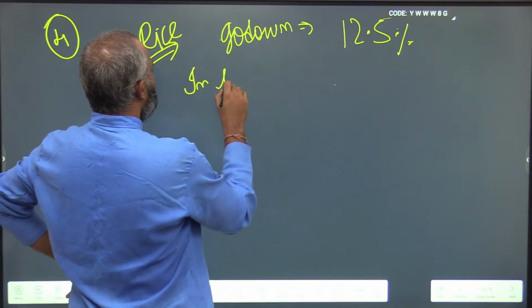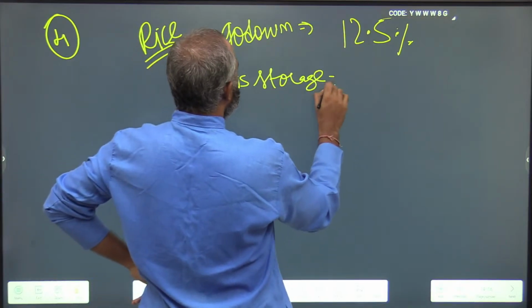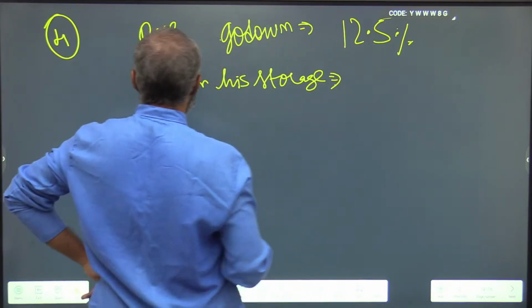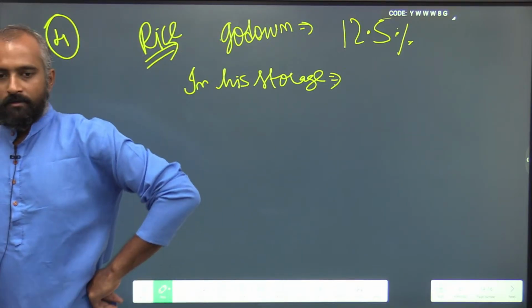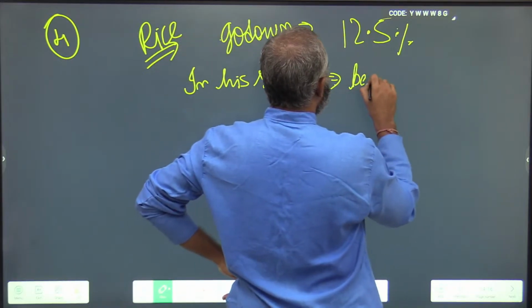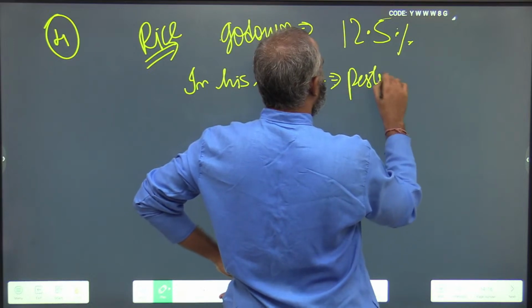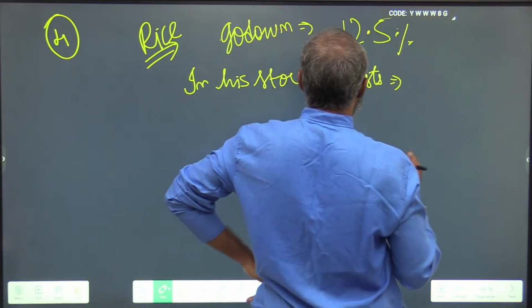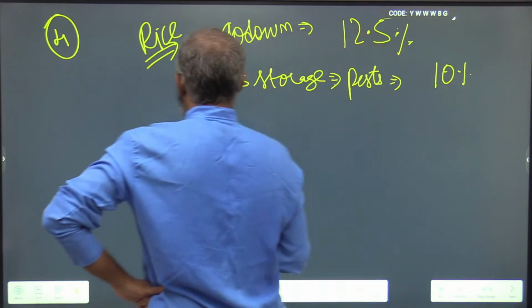In his storage, because of pests, he loses 10% of the grain in his storage.